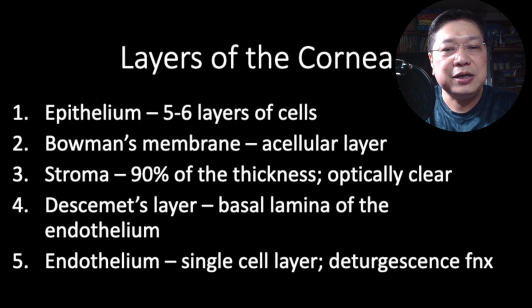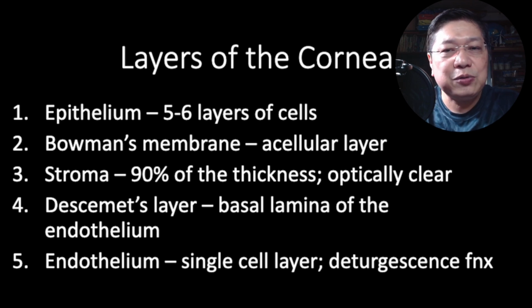The Descemet's layer is the basal lamina of the endothelium, and the endothelium is a single cell layer with a pump function, meaning the endothelium is the cell pump of your cornea. If fluid finds its way inside the cornea, the endothelium's work is to pump it back out into the aqueous.